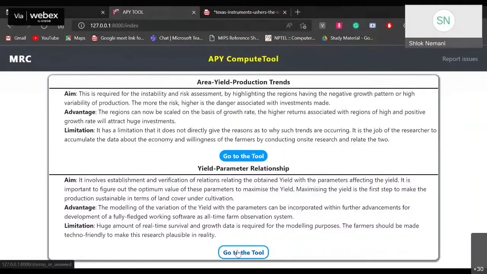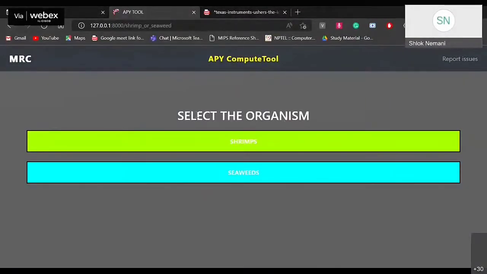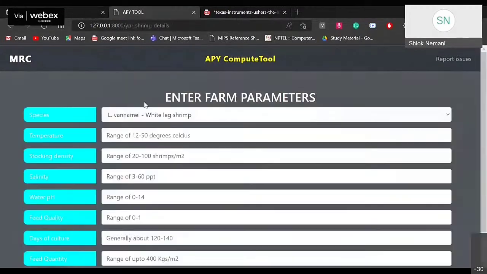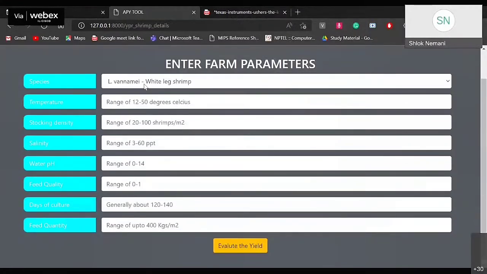There we have two organisms, shrimps as well as seaweeds. The idea was to classify both as different species and to get their own set of parameters for each of them. So let's start with the shrimps first. This is the most common shrimp species in the Indian Ocean region. These are the parameters in the green boxes, which are important to determine shrimp growth.